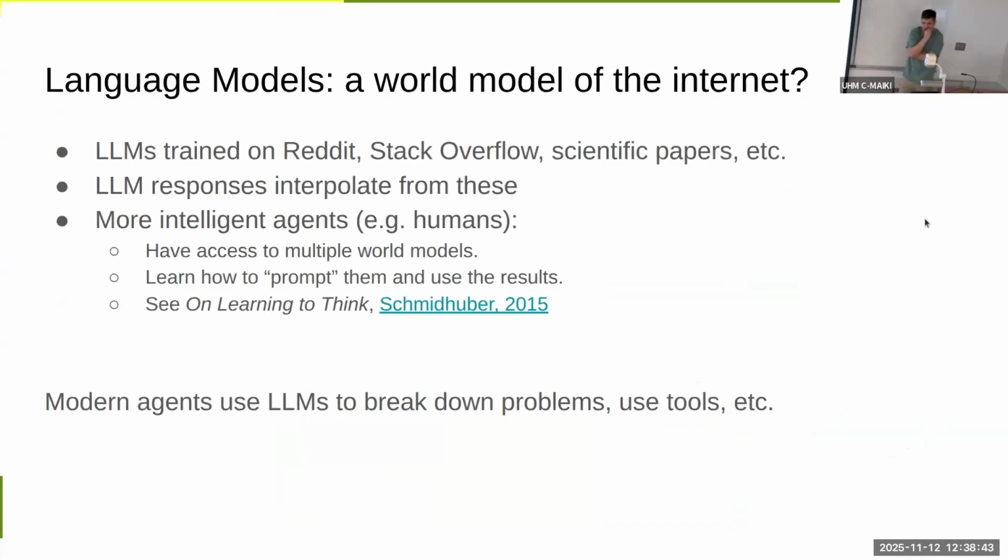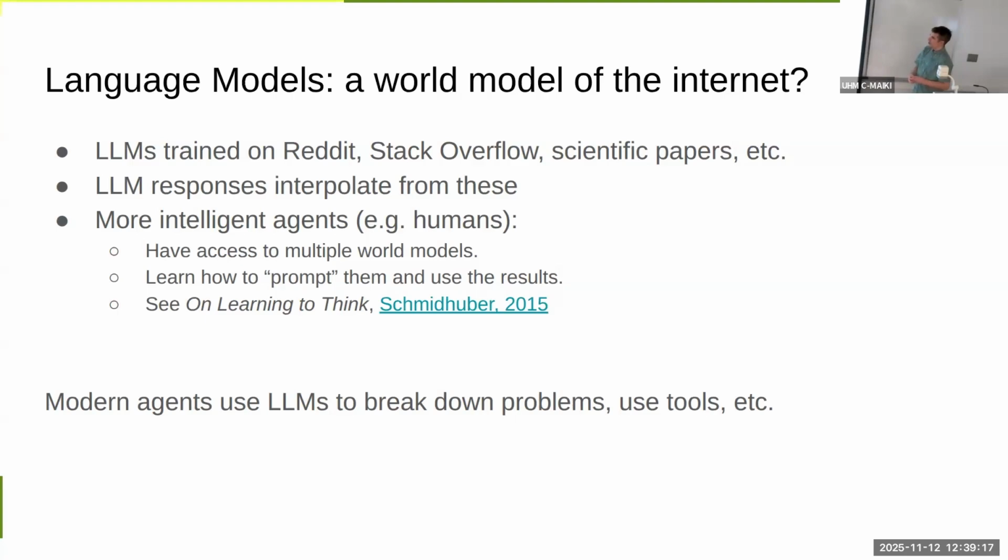So Jürgen Schmidhuber also proposed this idea that language models, basically the base language models, not necessarily the agents, are world models of the internet. So if you give a prompt to Reddit or Stack Overflow, the language model is basically an approximation of what you would expect in that question and answer session.